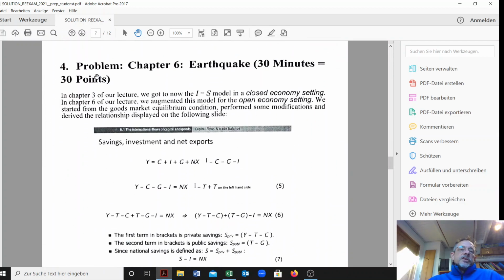Okay, let's switch to problem 4. This is related to chapter 6. An earthquake occurs, and this affects the IS model in an open economy setting because we are in chapter 6.